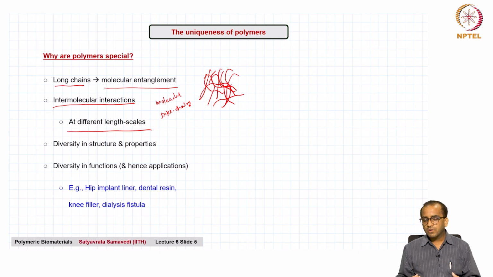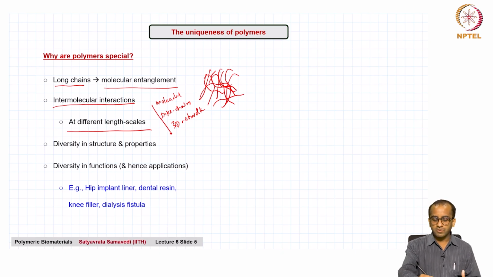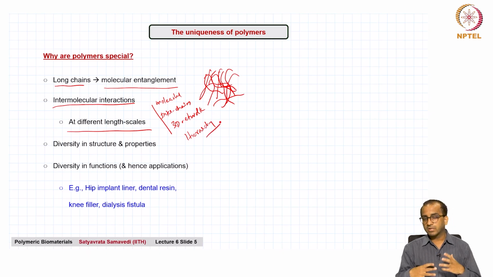And then you can talk about how chains can also organize. If you have cross-linking and so on, at a slightly bigger level, you can get a 3D network of chains, and that will have its own unique properties. So, that is one thing that makes polymers special, because you are talking about hierarchy in organization, and this hierarchy is very beautifully seen in natural polymers like proteins, where you have different orders of structures.